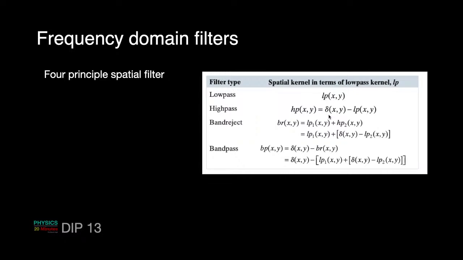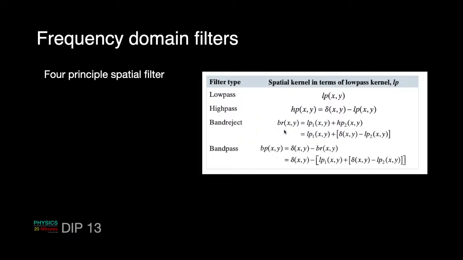It is also called the impulse or delta. So the low pass filter subtracted from the maximum will give you the high pass. And then comes your band reject.